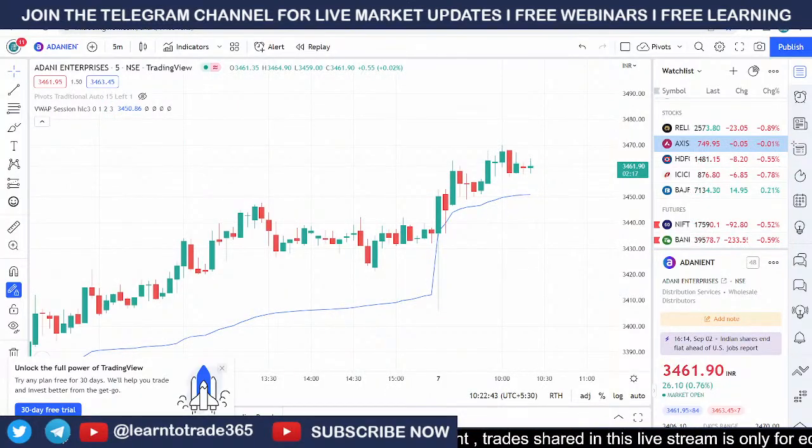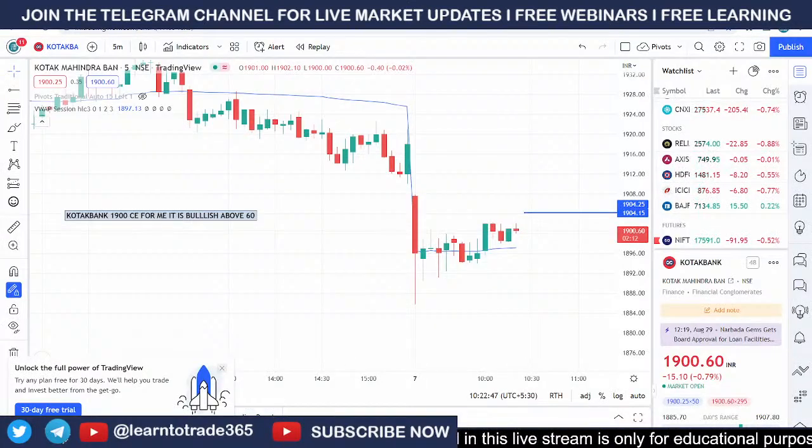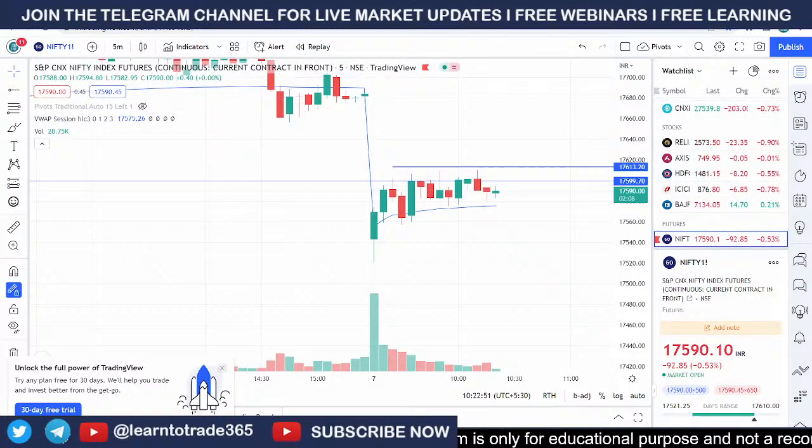Adani 3471 का level के ऊपर I will be bullish on the Adani. The levels I have already updated for what's my trade plan on our Nifty. We are waiting for the order to execute from morning.